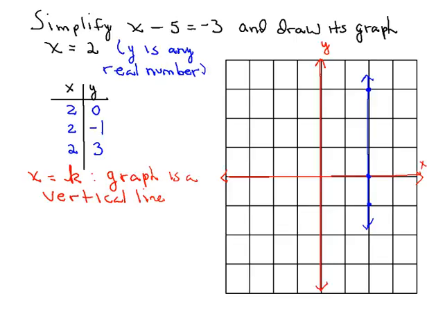All you need to realize is that the graph will be vertical and it will intersect the x-axis at whatever the value of the constant is, k. And so in our particular case up here, in simplified form, the equation was x is equal to 2. So all we needed to do actually was to draw a vertical line intersecting the x-axis at positive 2.